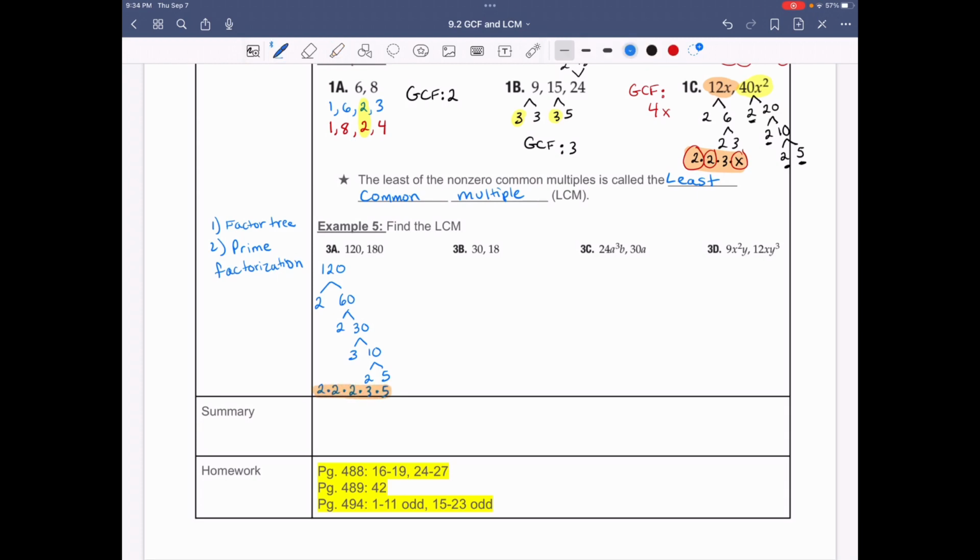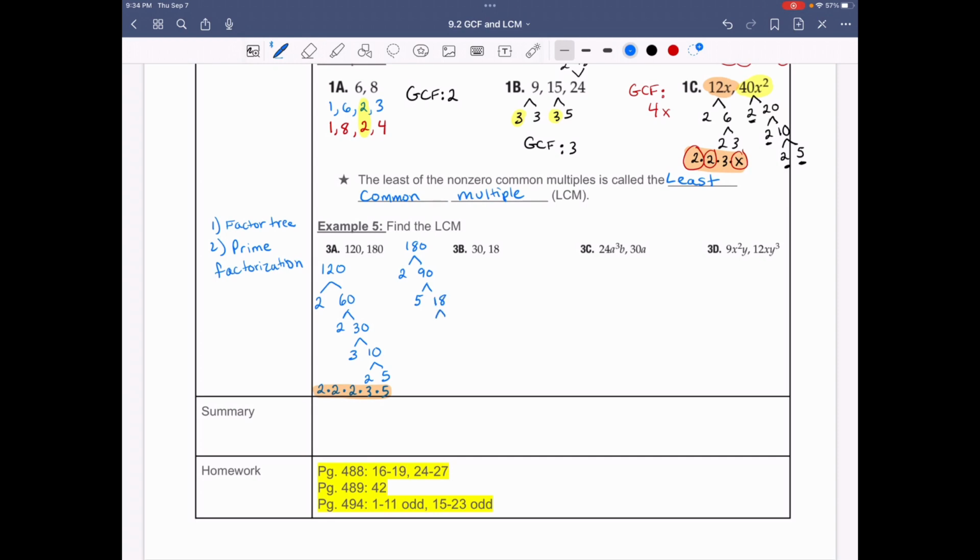Now I need to do the factor tree and the prime factorization for 180. So I'll divide by 2 and I get 90. Divide by 5 and get 18.